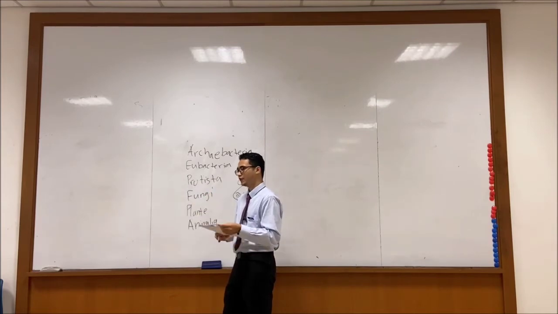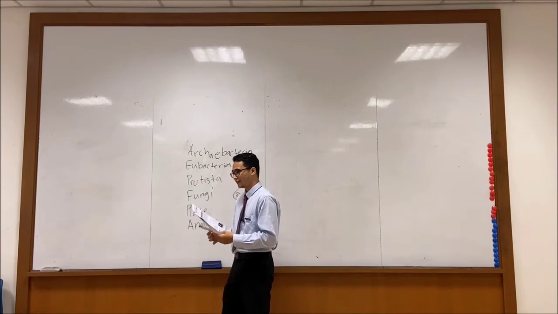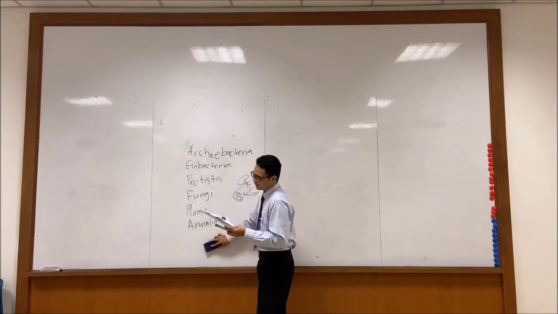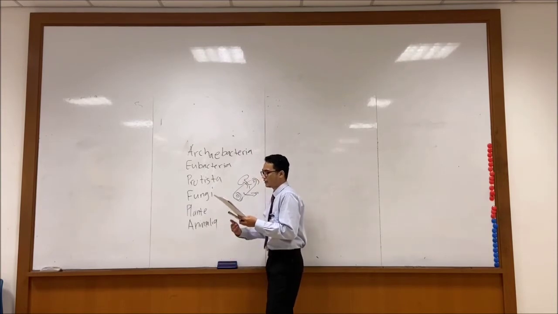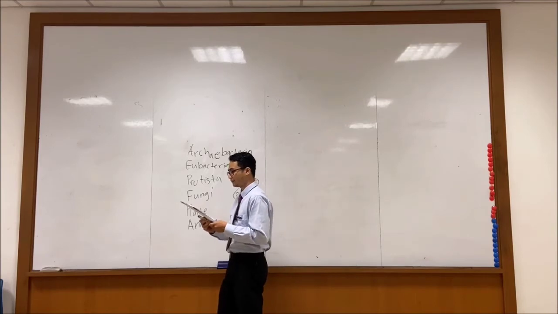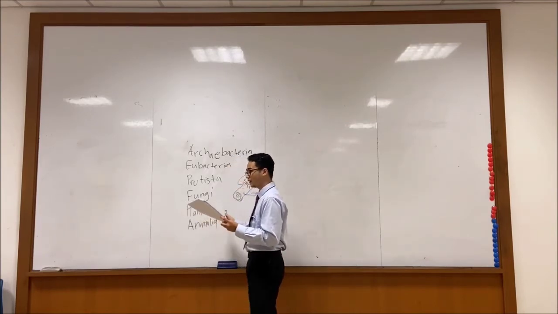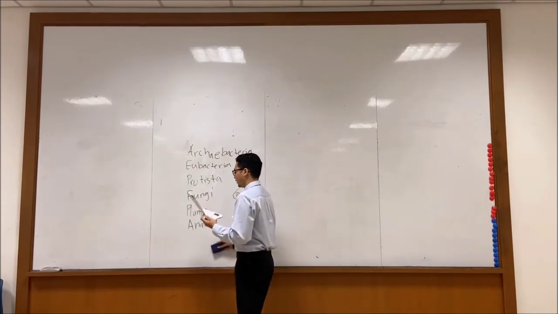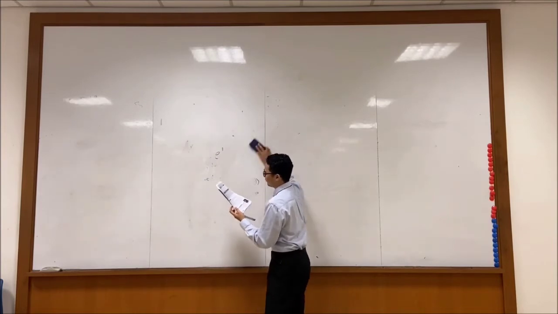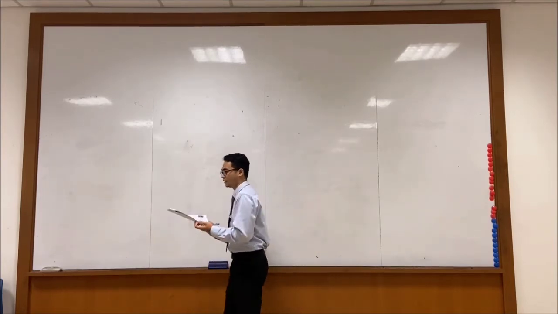And let's move to the next topic, the taxonomy hierarchy. The taxonomy hierarchy uses a linear hierarchy system, and it starts with domain, kingdom, phylum, class, order, family, genus, and the last hierarchy is species.